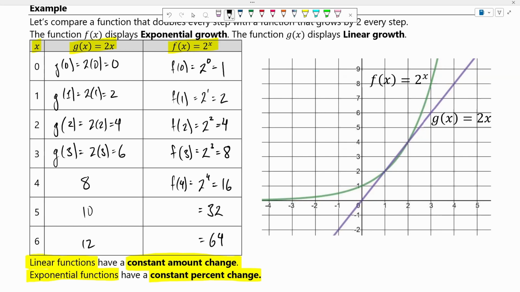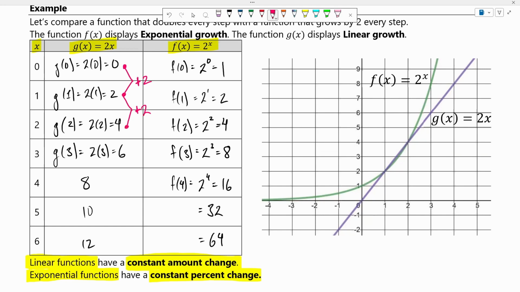Now I want to cover what happens between both of these. Notice when we start from here and go to the next one, we started at 0 and we went to 2. So what we did was add 2. If we started here and went to the next one, we added 2 again.